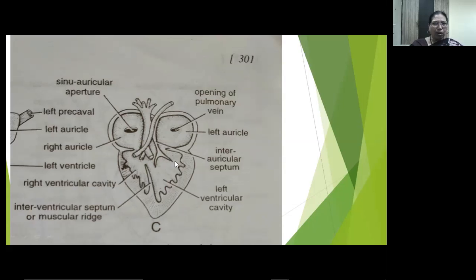The ventricle is triangular and shows muscular ridges. Due to this, there is a mixing of pure and impure blood, and this supplies the body parts. The pulmonary aorta supplies blood to the lungs for purification.